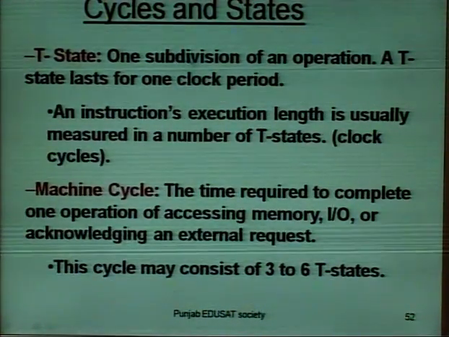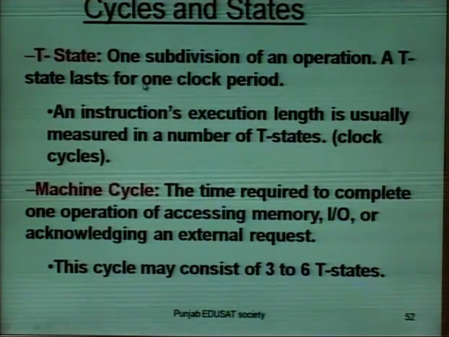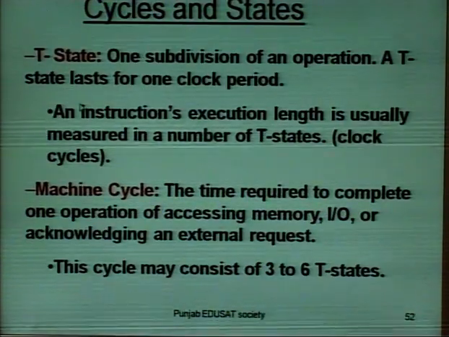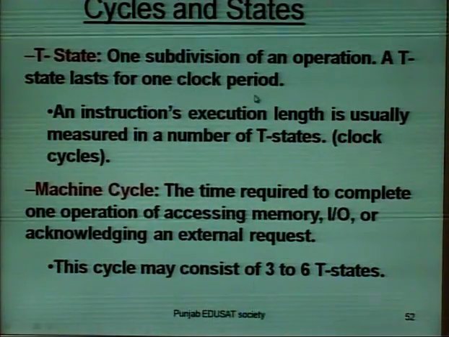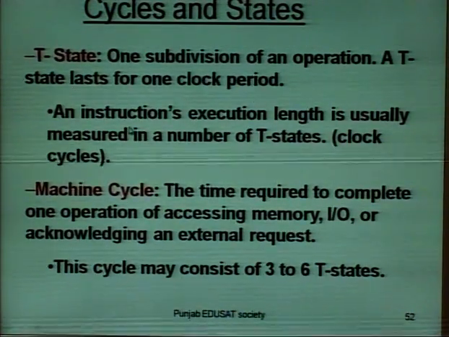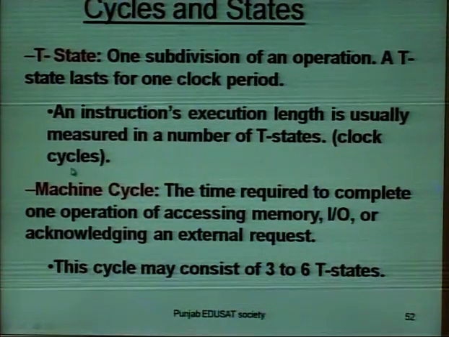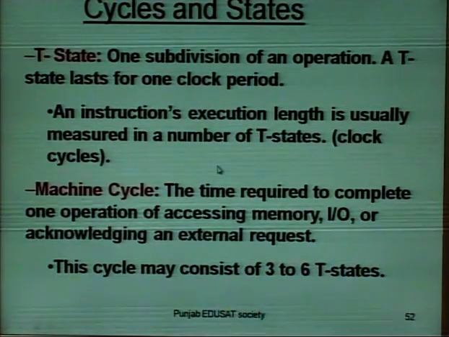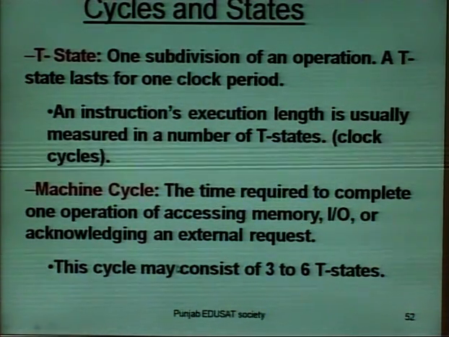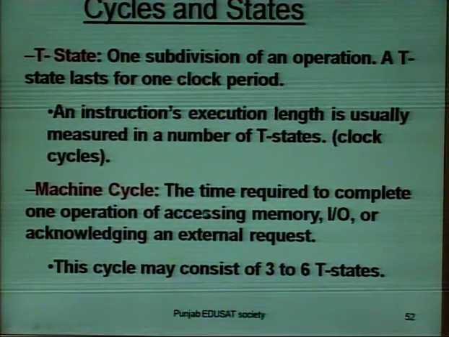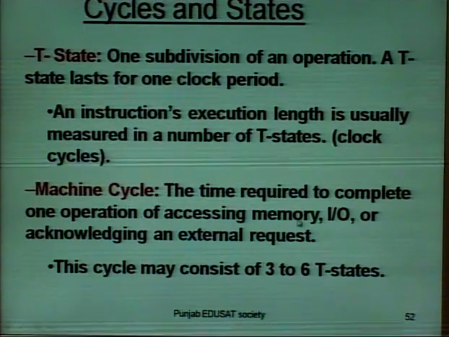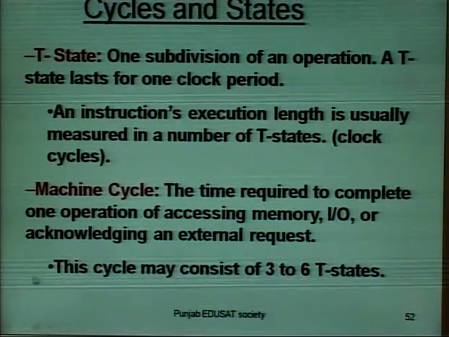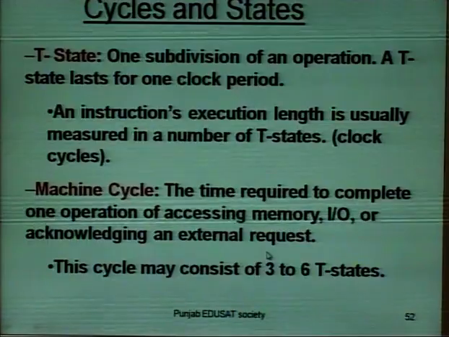Then cycles and states. T state, one subdivision of an operation. A T state lasts for 1 clock period. An instruction's execution length is usually measured in number of T states, that is clock cycles. Then we have machine cycle, the timing required to complete one operation of accessing memory, input output or acknowledging an external request.